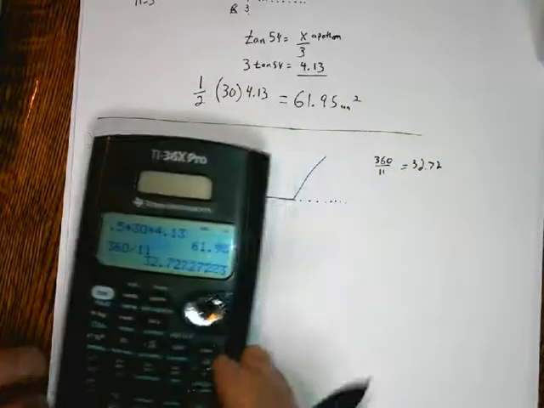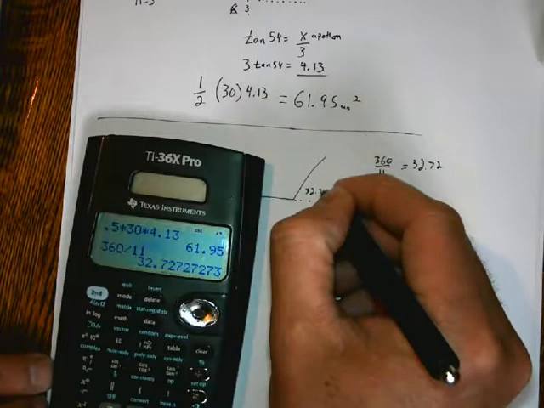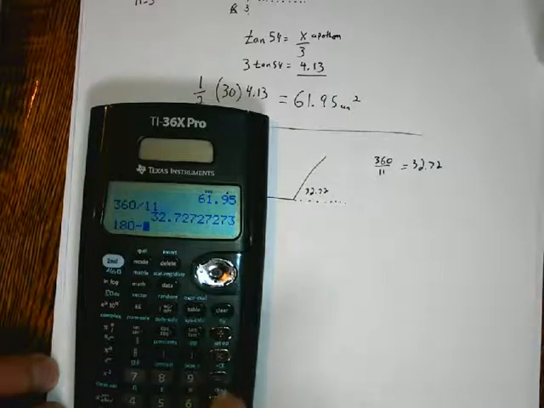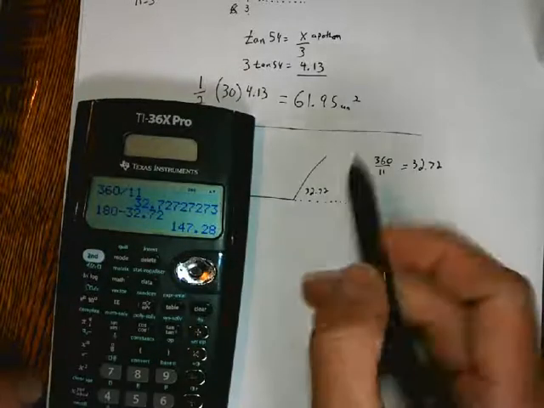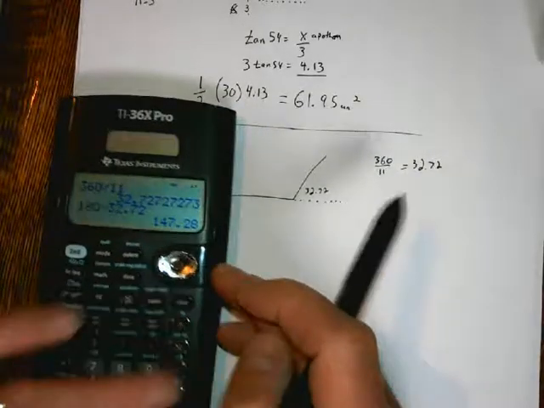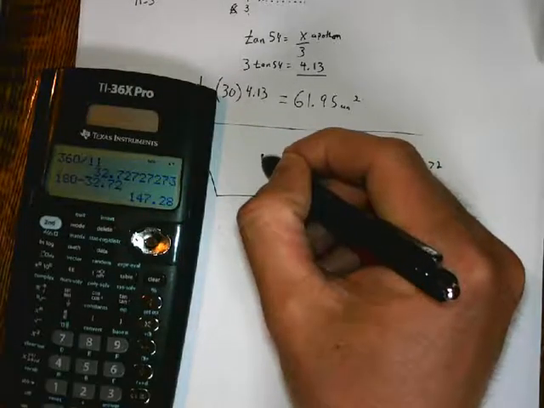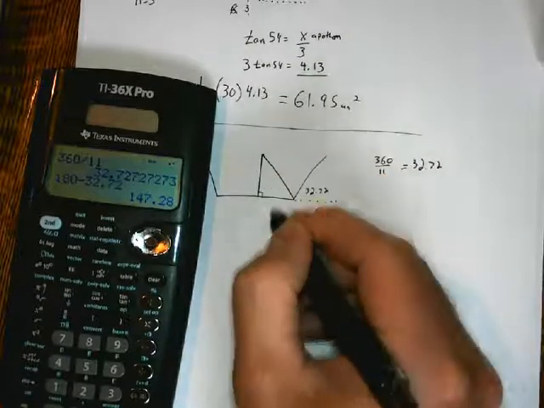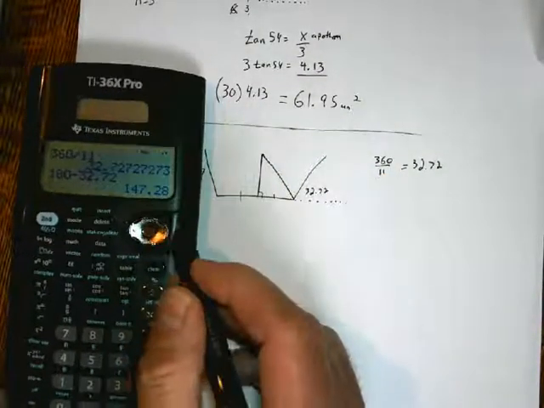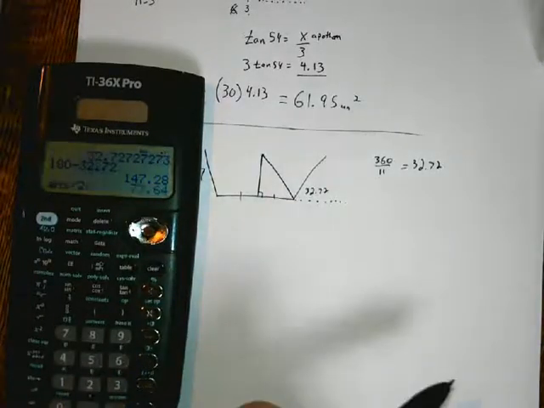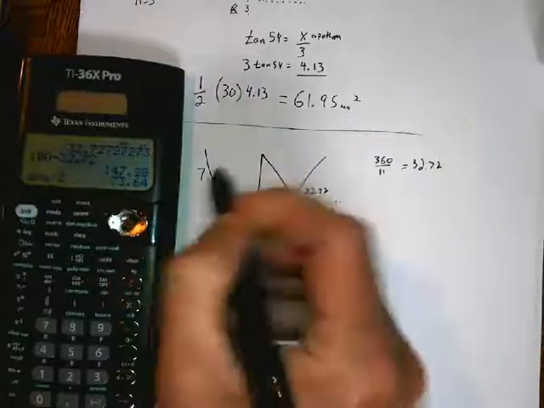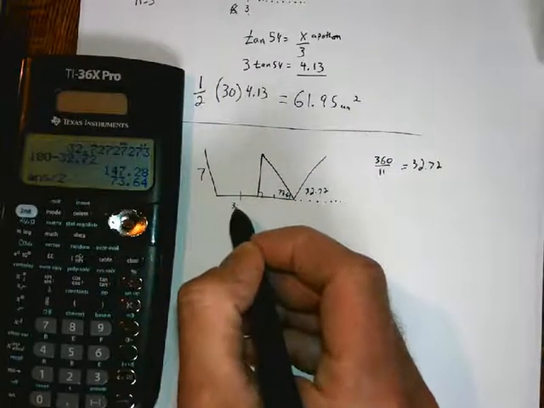Now, to get the supplement, we take 180, subtract 32.72, and this gives us this whole angle here. But remember, when we draw our apothem in, the apothem always bisects that angle. So what I'm going to do right off the bat is just divide that by 2. So it gives me 73.64. Our side lengths were 7, so that means each one of these has to be 3.5.